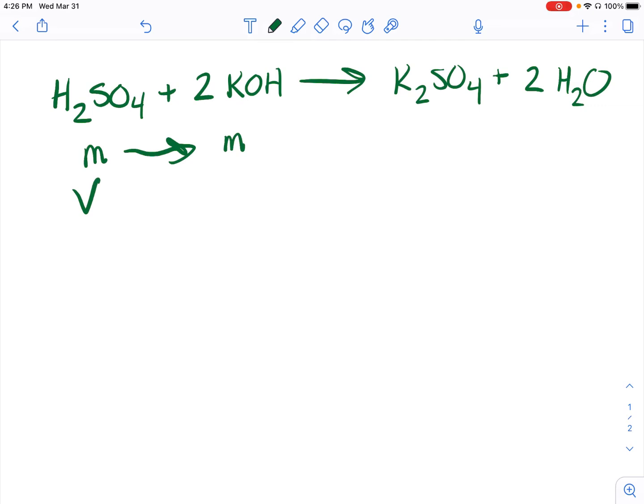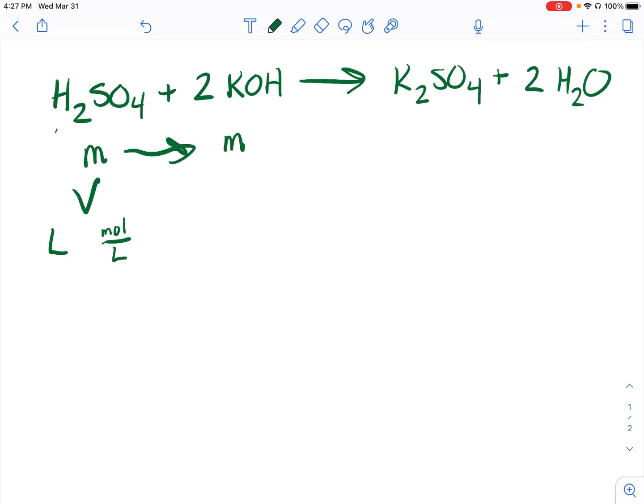I might have a volume question. So this H2SO4 is going to be a solution. It's going to be at a certain concentration. So we might have so many liters of sulfuric acid at a concentration of so many moles per liter. That's a common measure of concentration.